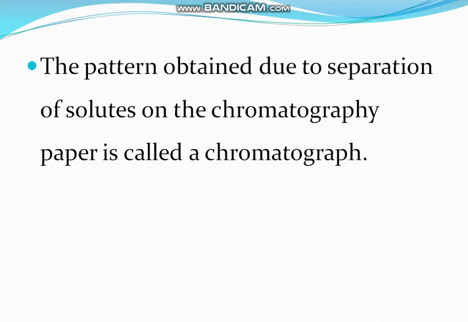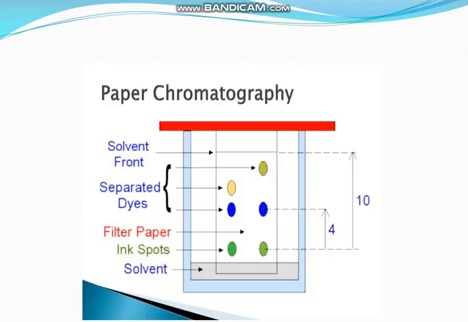The pattern obtained due to separation of solute on the chromatography paper is called a chromatograph. We also observe the pattern, how the different colors are separated. That is about paper chromatography.